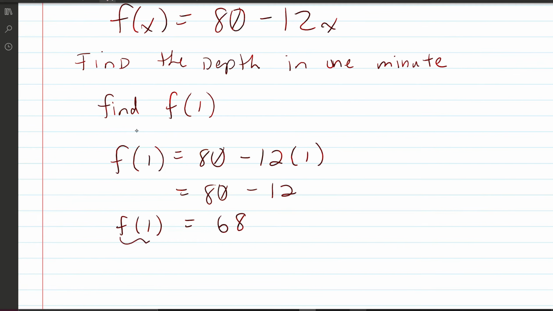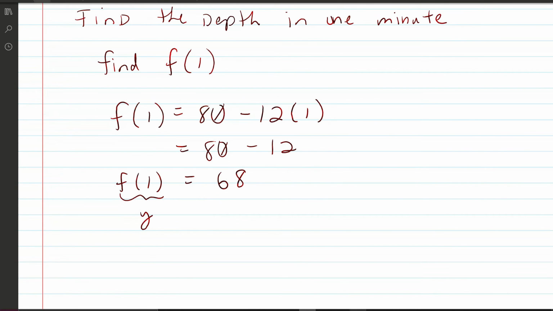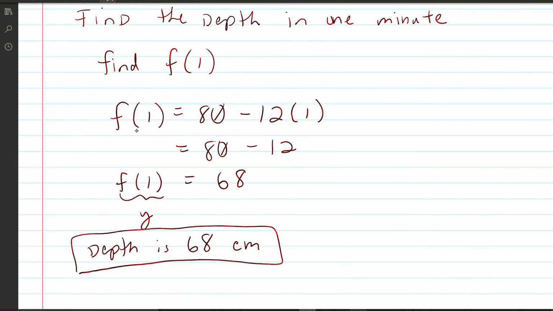So what does f of 1 or f of x represent? It represents y. And so we said the y was the depth. So the depth of the water is 68, and I believe we were talking in centimeters. So the pool began at 80 centimeters. However, after 1 minute expired, the depth of the pool is 68 centimeters.